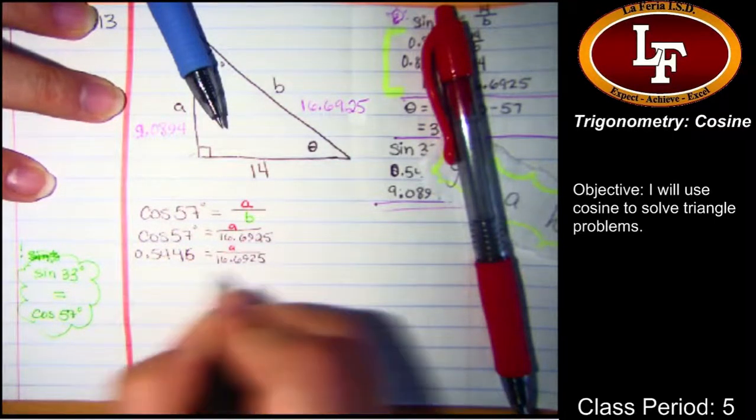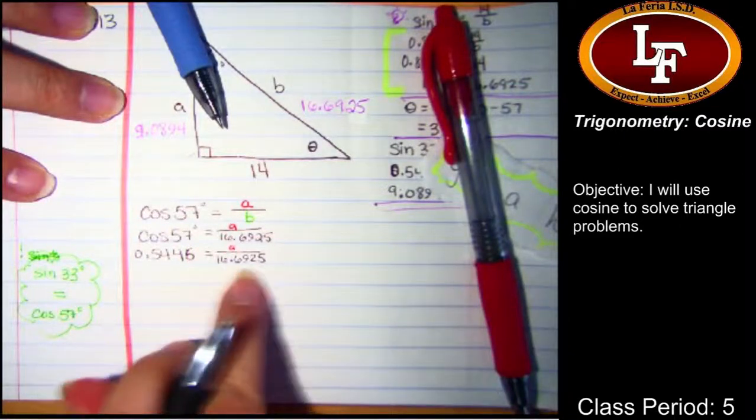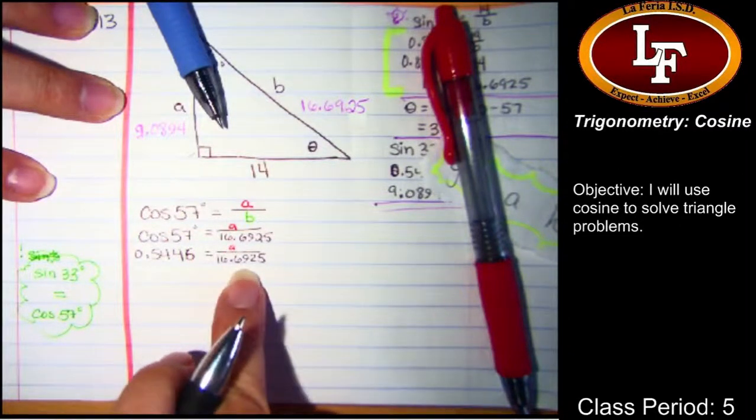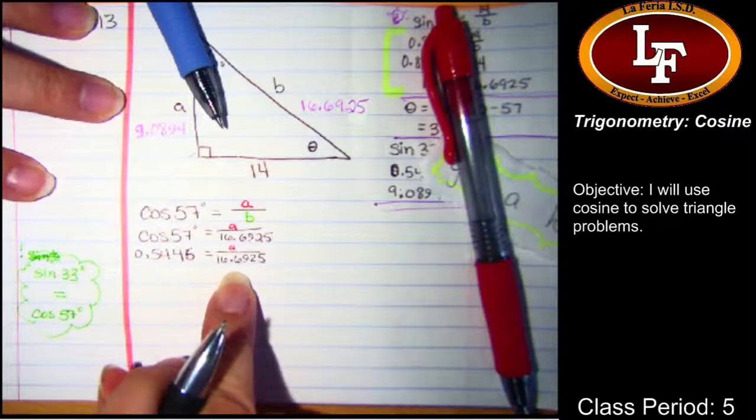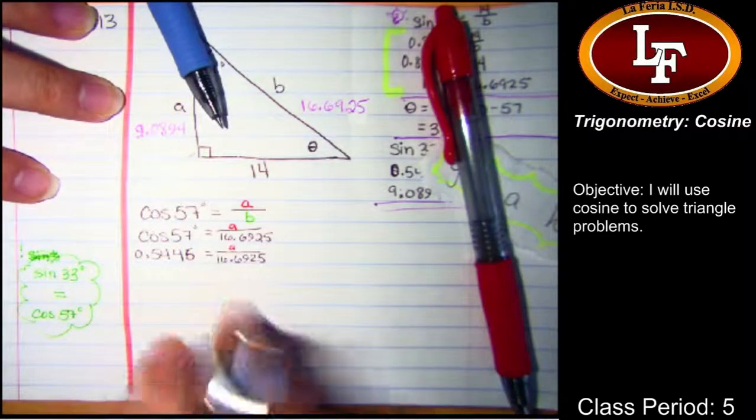All right, now we're going to multiply both sides by this number down here, or cross multiply. Either way is going to get you to the same place.